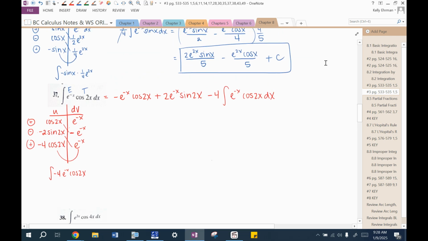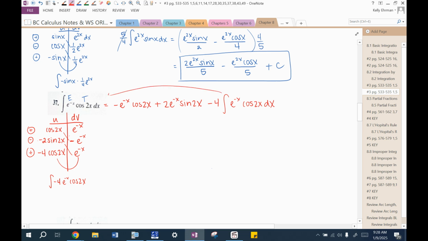And just like I did on the last one, I need to add this integral over to the other side. So 1 plus 4 is now 5 times the integral of e to the negative x cosine 2x. And that's equal to, let's go ahead and factor out an e to the negative x. Why not? Just to show you what that would look like. I'm going to put the 2 sine 2x first and then the minus cosine 2x second.